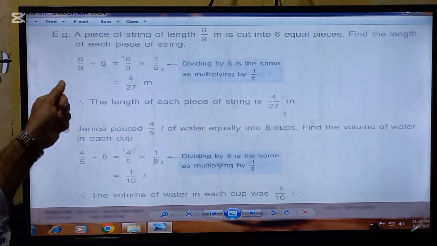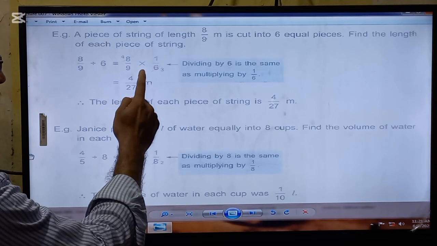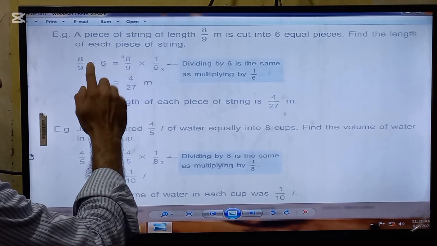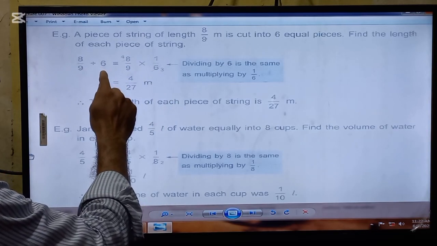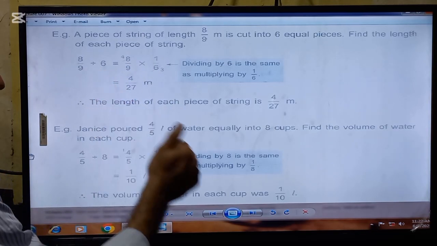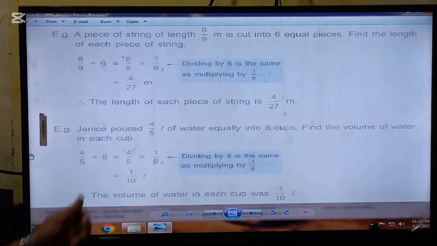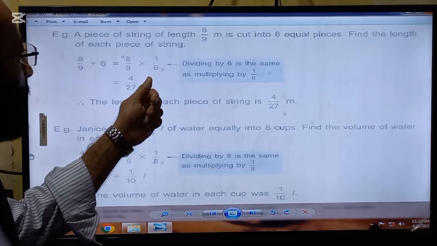At this stage, you will convert the division sign into multiply, and the value after the division sign will be converted into its reciprocal. So 1 by 6. At this stage, you will cancel the values as much as possible.